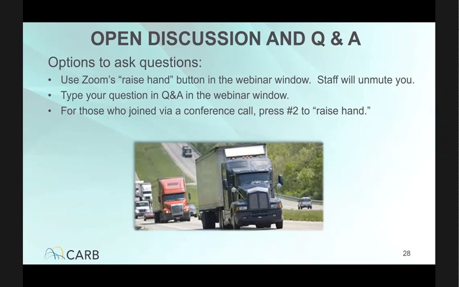Okay, a question from David Rinschler again. How will notification be given to all owners of vehicles over 14,000 gross vehicle weight rating that don't know this rule is coming? That's a good question, David. We are going to be doing a lot of outreach internally as CARB to make sure we get the message out there. We're also coordinating with DMV.